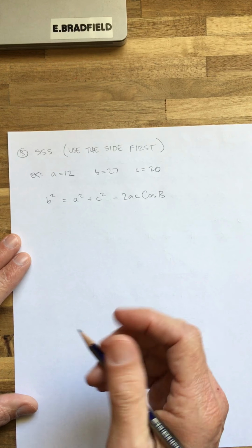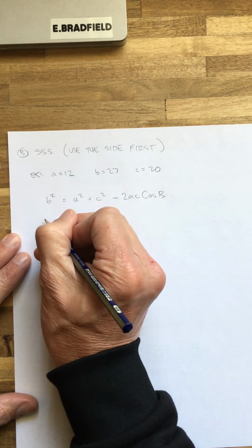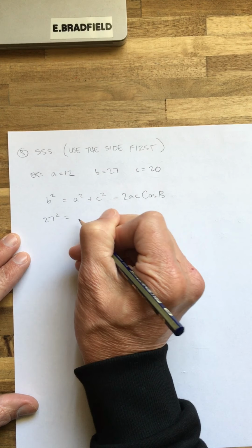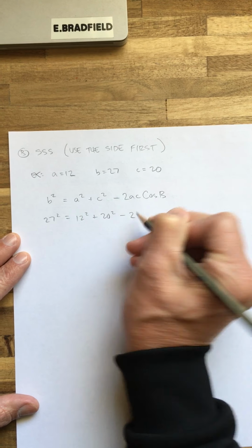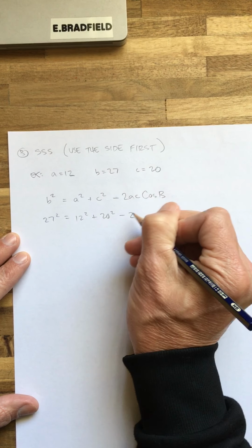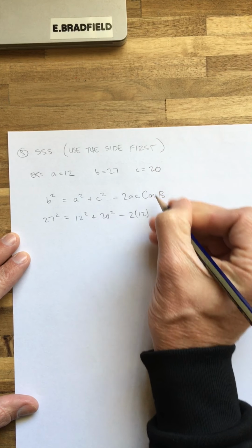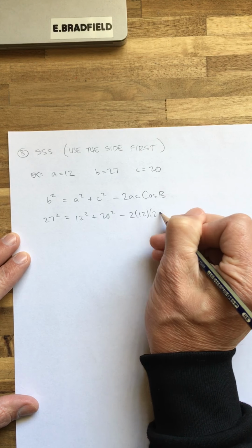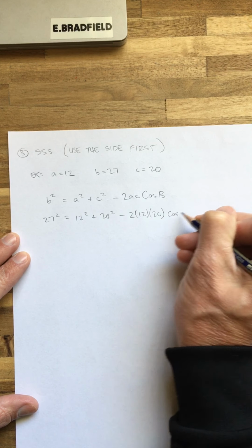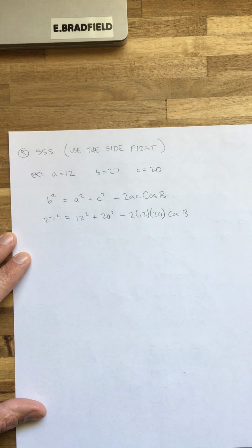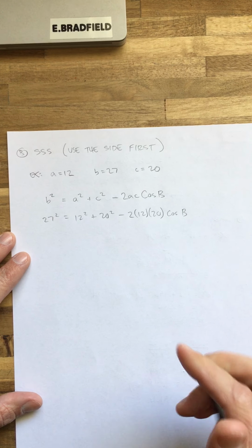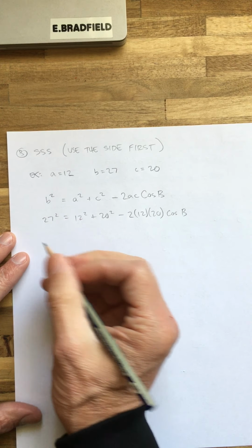Okay? All right, so here we go. Let's plug in everything we can. So that's 27 squared equals 12 squared plus 20 squared minus 2 times 12 times 20 times the cosine of b. And we don't know that, so that's what we have to solve for. All right, so I'm going to move those guys over.